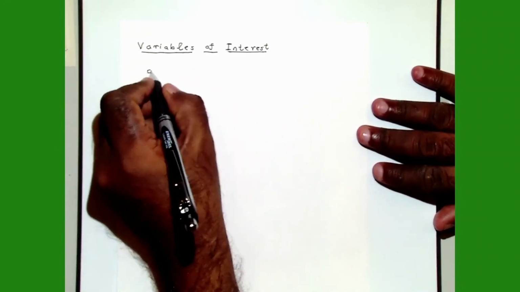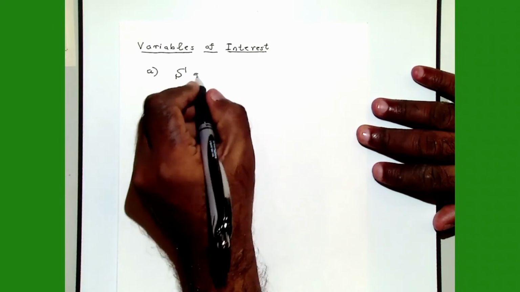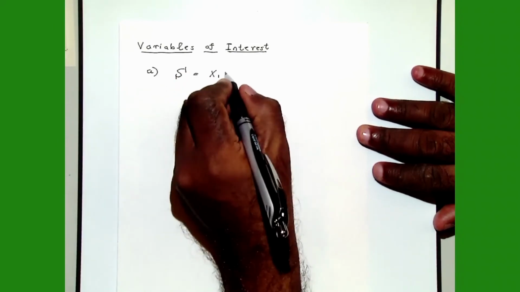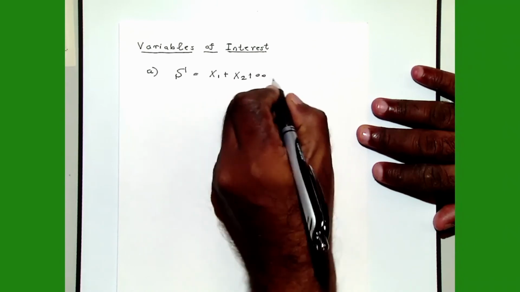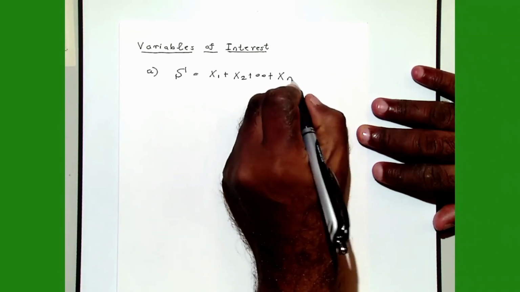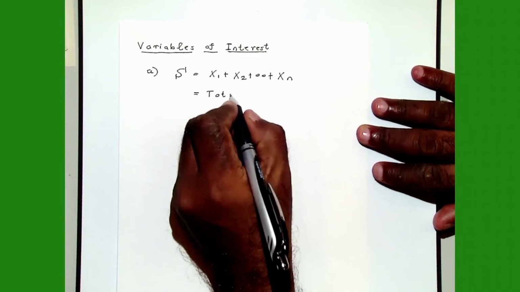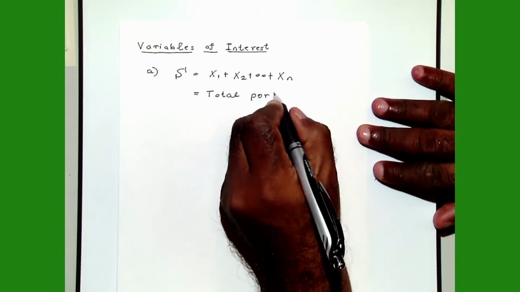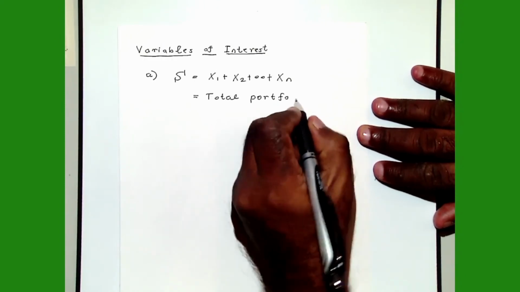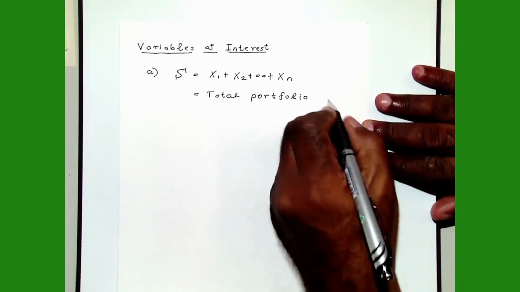All right. A, the first variable that is of obvious interest is the sum of the losses. So you take the sum of the n losses, and this is known as the total portfolio loss, right?